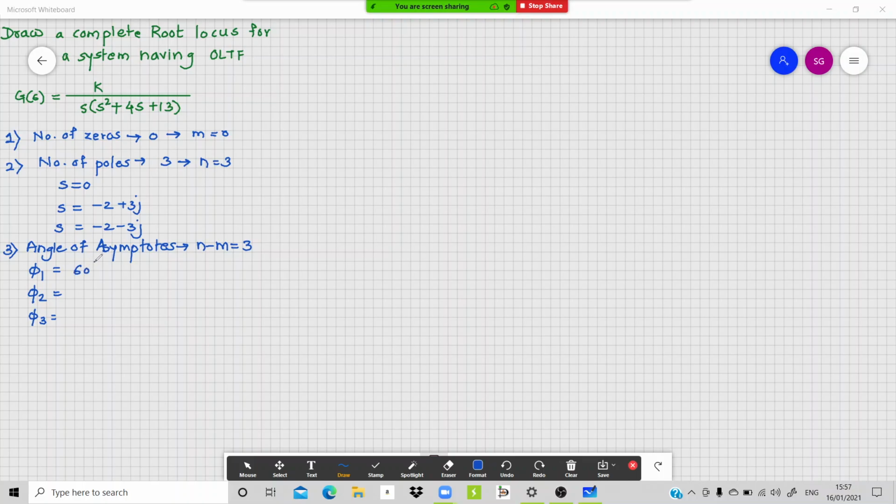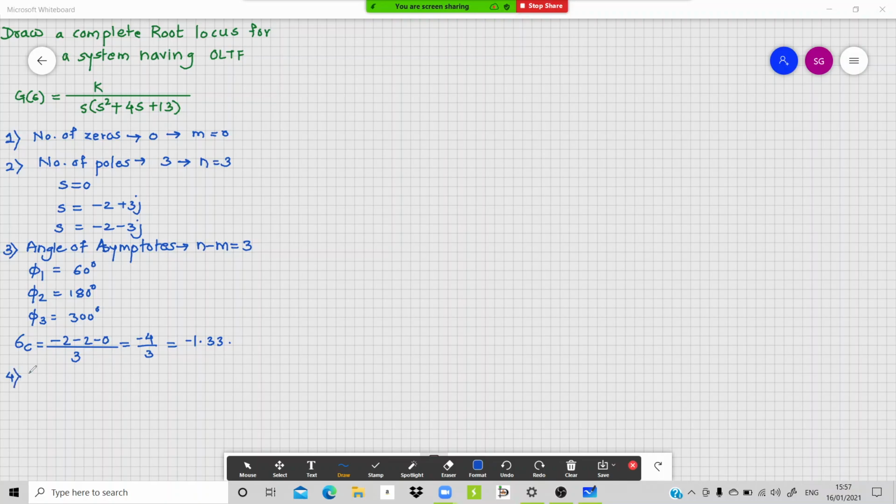So it is coming out to be 60, 180 and 300. Now sigma c, when you are talking about the real part of the poles, minus 2, summation of that minus 2, zeros are not there, so 0, and divided by n minus m. N minus m you are having 3. So it is going to be minus 4 by 3. And minus 4 by 3 means minus 1.33.